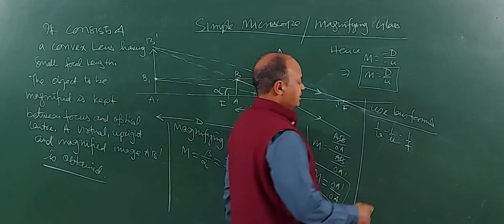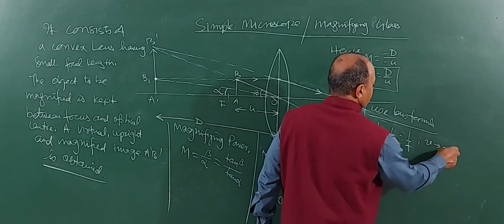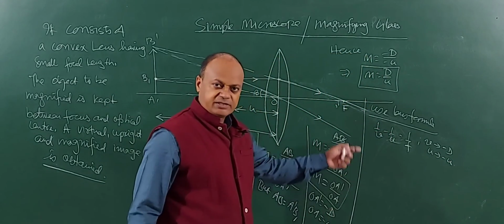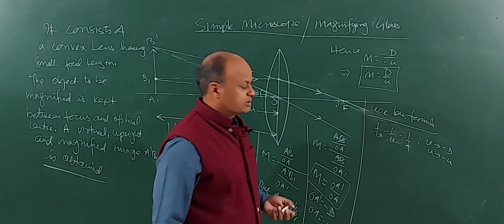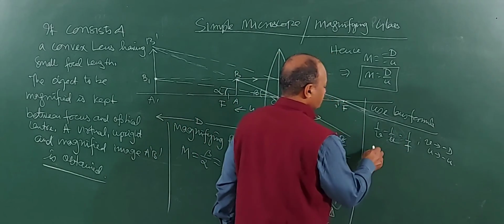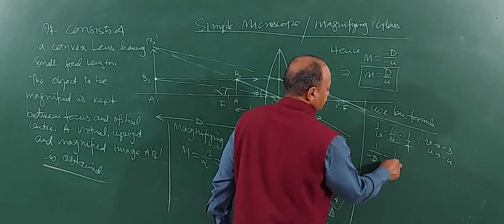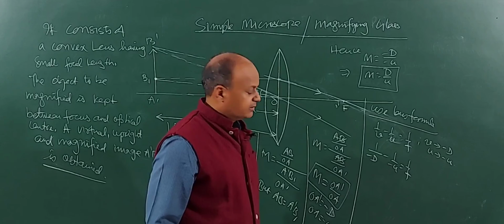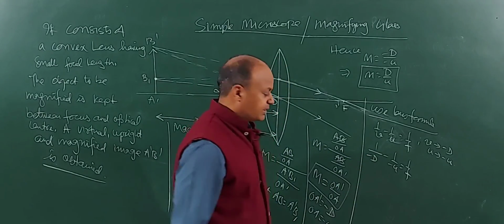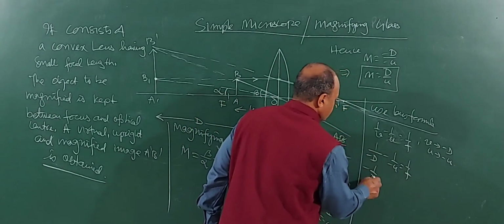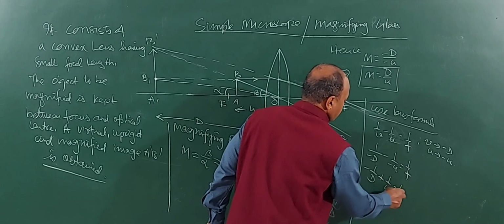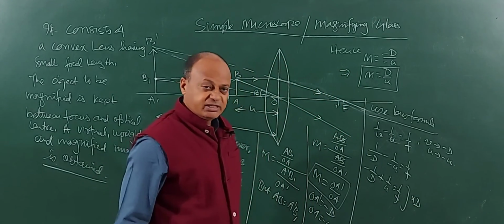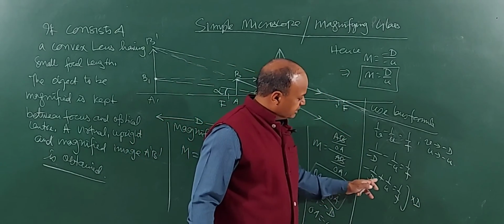Minus D. Here children, V is equal to minus D. I'll replace U with minus U. And F is F. Focal length of a convex lens is positive. So we put it here. Then minus 1 by D, minus 1 by U, 1 by F. Clear? So here minus becomes what? Plus. So minus 1 by D plus 1 by U is equal to 1 by F. And then children, multiply both sides by D. So you multiply with D, then D and D will cancel out.